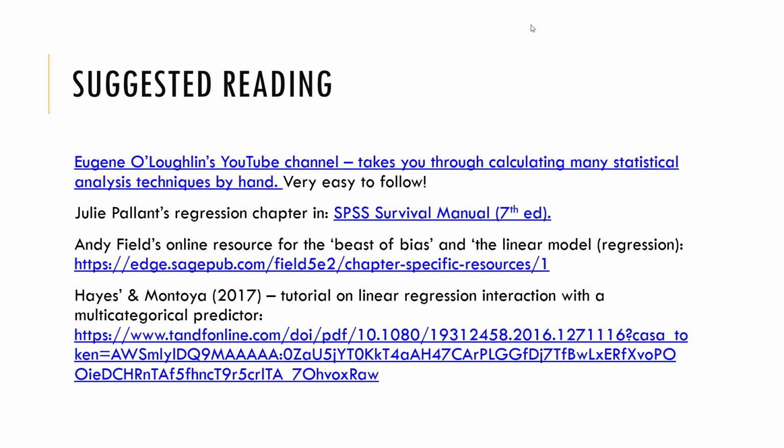And there's also an example where Hayes and Montoya talk you through linear regression interaction with a multi-categorical predictor. So they take you through how you handle that and how you can run the analysis and interpret the findings.